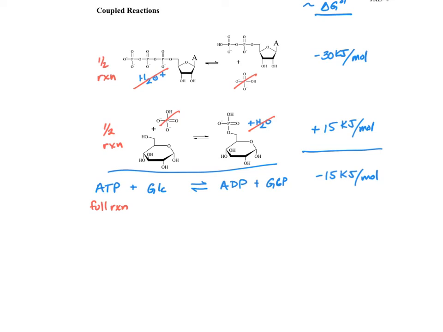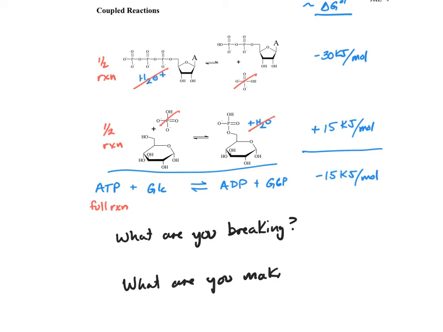The answer is you're always going to ask yourself two questions. What are you breaking? And what are you making? If you can remember to answer these two questions, and you can do so appropriately by recognizing the right high energy linkages, then you can really never go wrong with these types of questions.